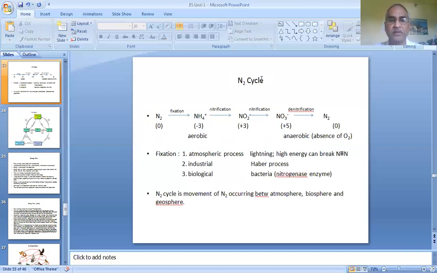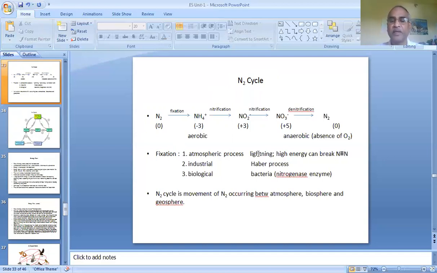So the nitrogen cycle actually starts with fixation. Fixation is making nitrogen available for utilization by living organisms. Fixation can be done in three different methods. One is by atmospheric process, which can happen through lightning.